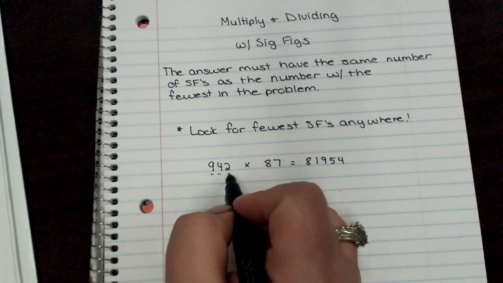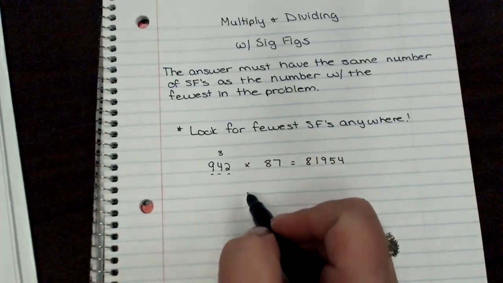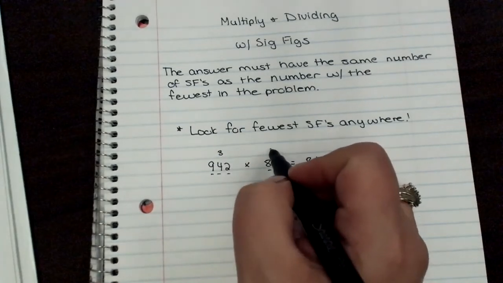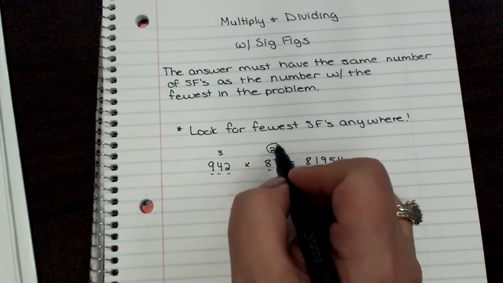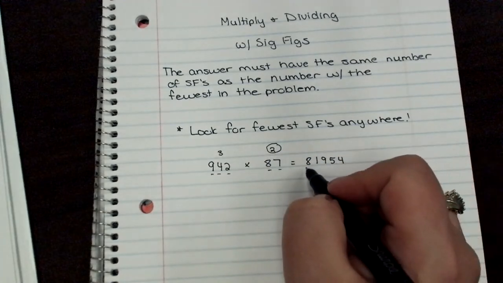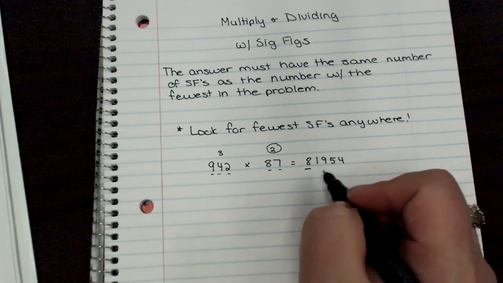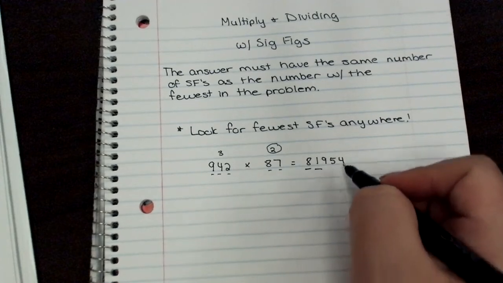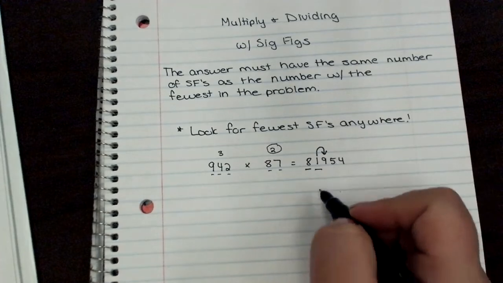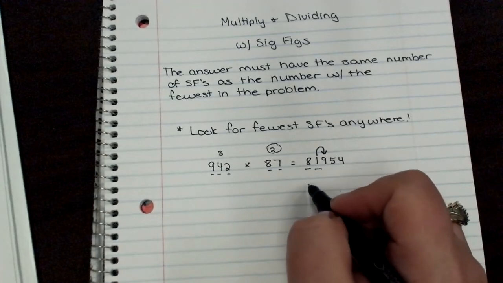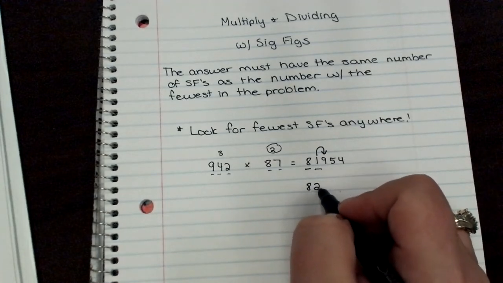So this one has 1, 2, 3 sig figs, and this one has 1, 2 sig figs. So my answer needs to have 2 sig figs. So start at the left and say, okay, 8 is significant, and then 1 is significant. And then I'm going to look behind it, and that obviously is going to round that 1 up to a 2. So it becomes 82.